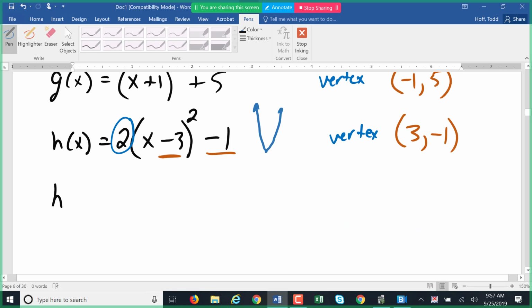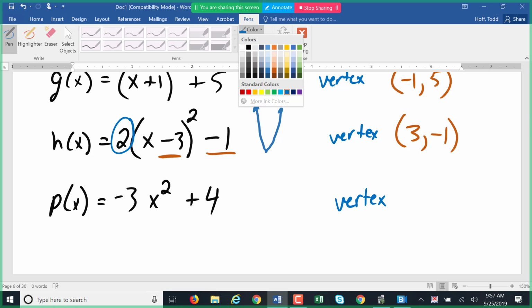If I have P of x equals -3 x squared plus 4, Noah, you out there? What's the vertex for that one?